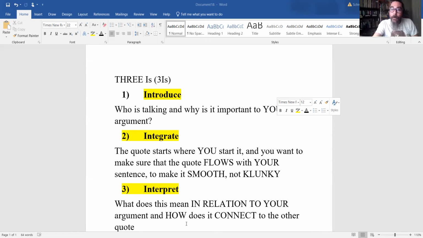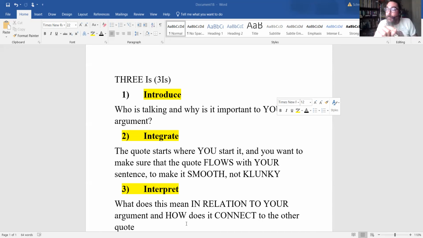And what the author of this paper did is they needed the quote to say what they needed it to say. They needed to integrate it into the flow of their own paper. They didn't need a bunch of information that didn't fit with their argument. They needed to trim the fat.